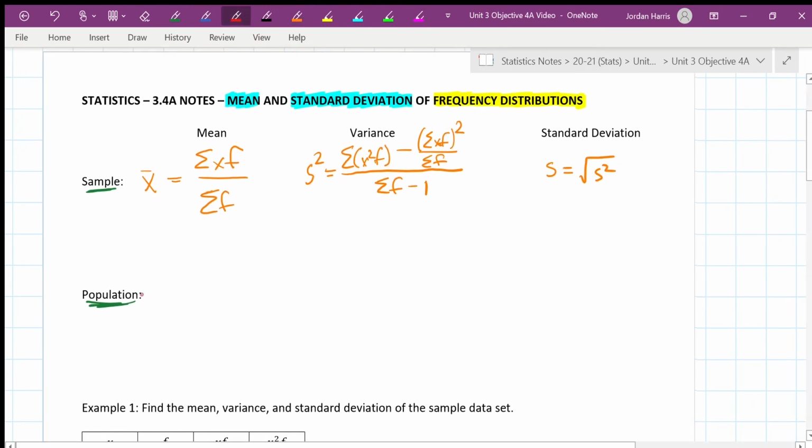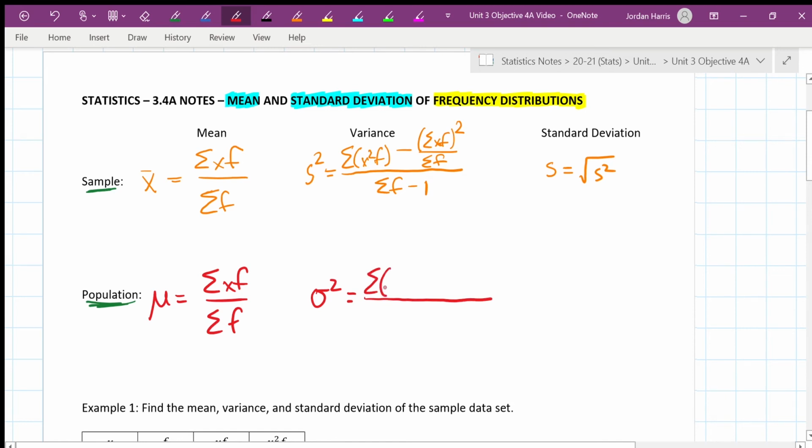Then we get population. Population mean is mu, sum of xf over sum of f. That should look familiar. Once again, it's the same thing as the sample. The only difference is which type of data set. Sigma squared, that's our population variance.